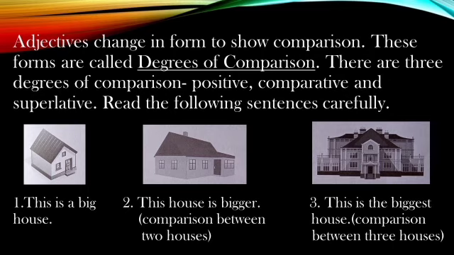Third example is this is the biggest house. Now here the word biggest. As we can see in the first example, we had the word big as our adjective. Then in the second one, we had bigger. Now in this, we have the word biggest.